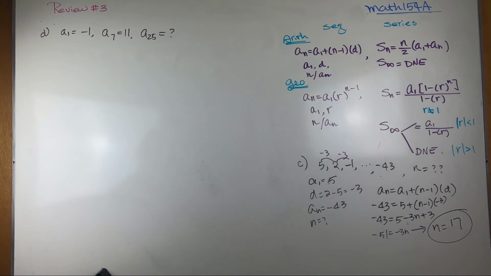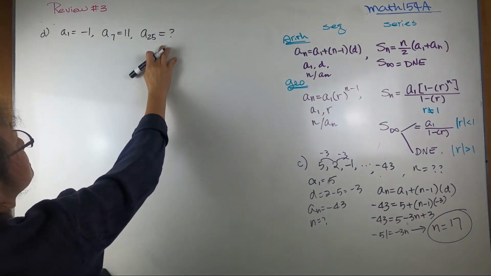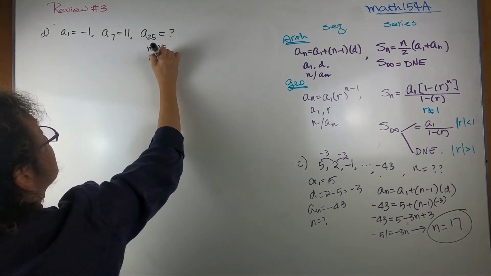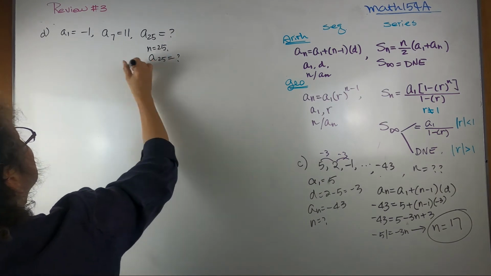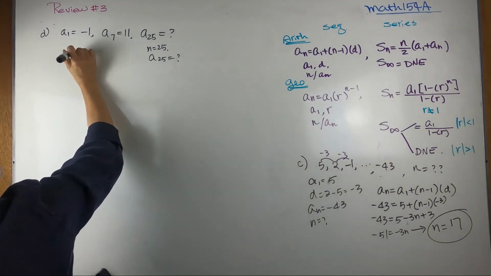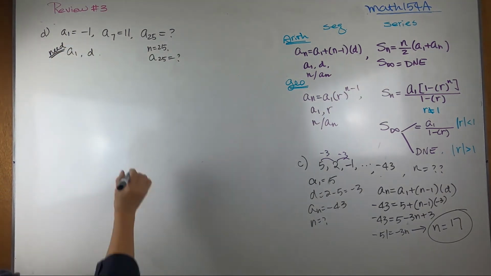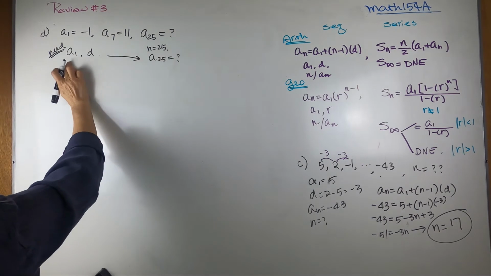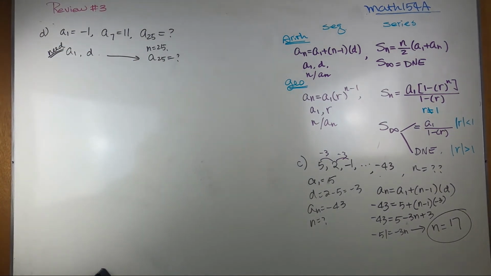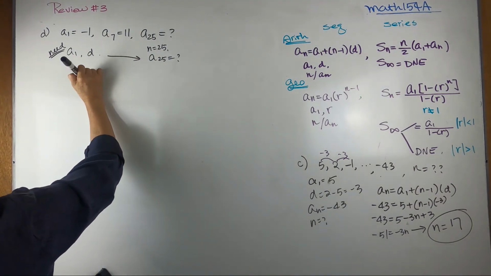Okay? So we want to find A25. So this one, N is 25. We need to find A25. But we need A1 and D, right? We need A1 and D to do that. But we do have A1 is -1. Do we have D? We don't. But we can use A7, right?